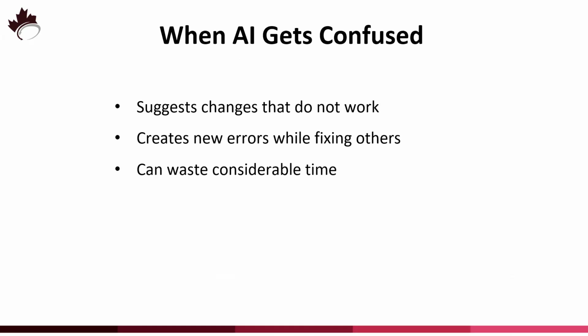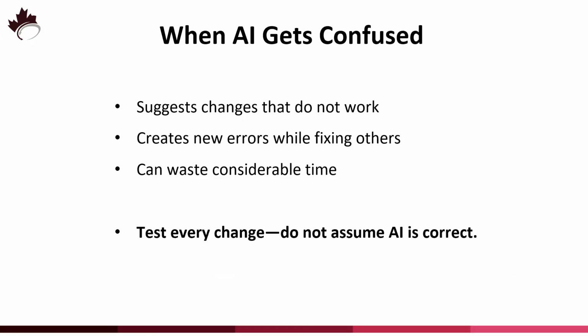And this can waste considerable time. So you have to test every change. Do not assume the AI is correct. It's not perfect at doing systematics, so you have to be an evaluator of the work of AI.